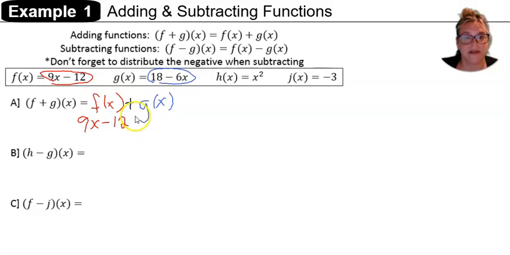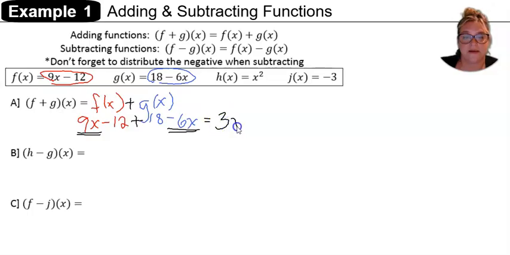Okay, then we're going to do the same thing for the g of x. We're going to go ahead and substitute in this 18 minus 6x. And since it's addition and I don't have to worry about distributing, I'm going to just forego the parentheses and put in my 18 minus 6x. Okay, now we want to combine like terms. So we have a 9x and a minus 6x.